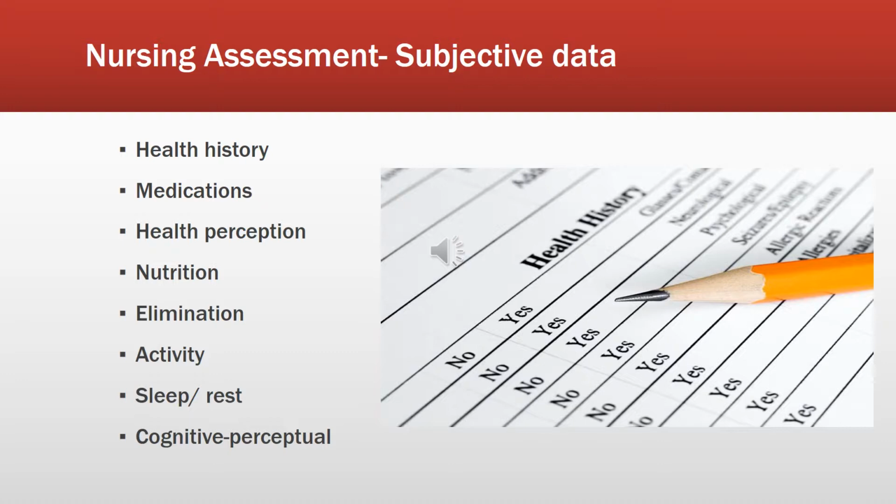And then their nutritional or metabolic health patterns. What is their usual sodium intake? Do they have complaints of nausea, vomiting, anorexia, stomach bloating, any recent weight gain, or any swelling of the extremities? Their elimination, do they have nocturia? Do they have decreased daytime urine output or even constipation?